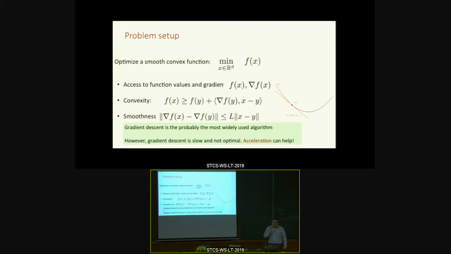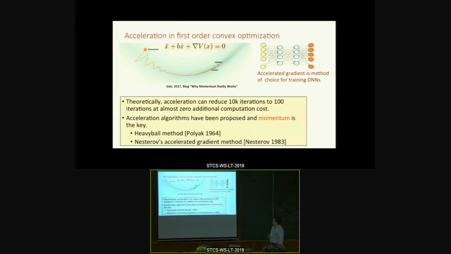So you want things to be simple. Your oracle basically gives you access to the function and its gradient or stochastic gradient. But of course, we know gradient descent is slow. And we've also known for some time that acceleration can help. But exactly how and why it's helping, and how we can tweak it to get a family of algorithms, is more mysterious.